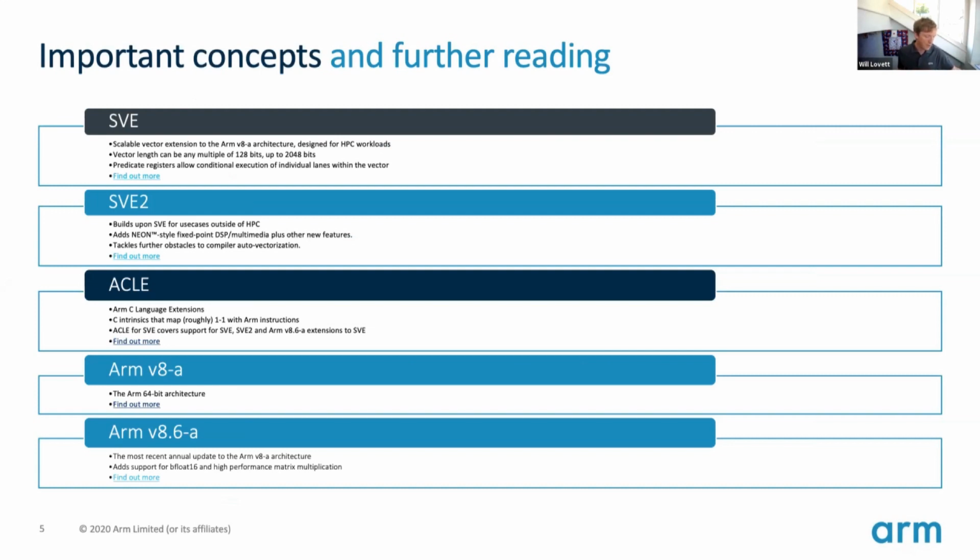So SVE was designed for HPC workloads, and its reason for existing is to be a good architecture for HPC. SVE2 widens that to a large number of other domains and gives the SVE vectors and instruction sets parity and more with Neon, which is our previous generation of vector architecture.